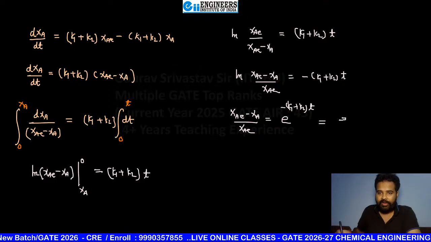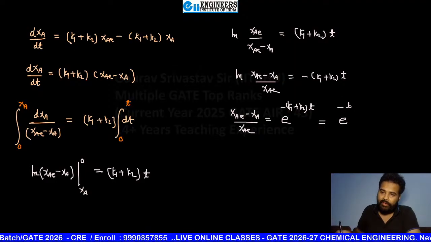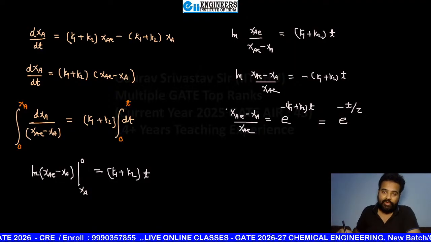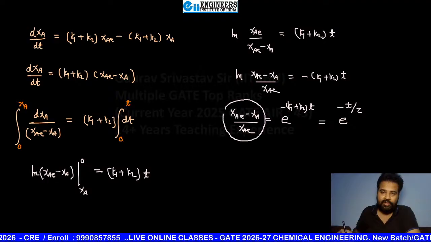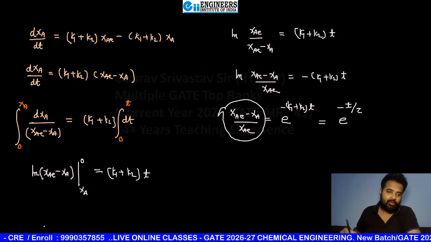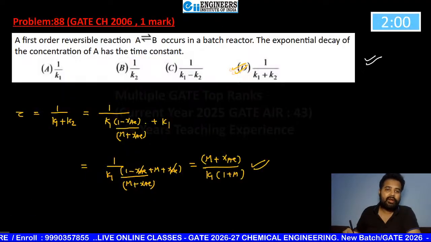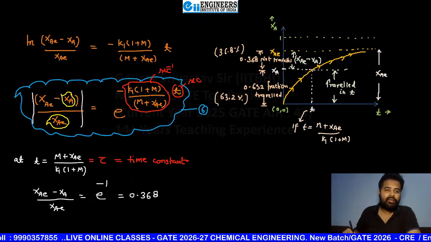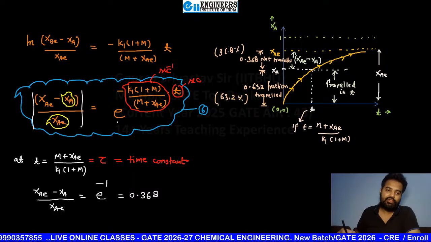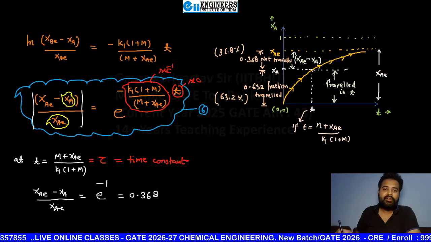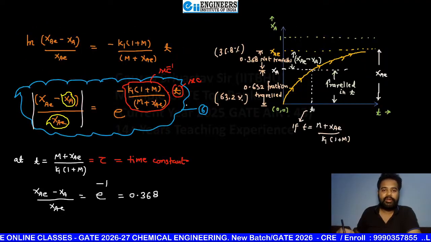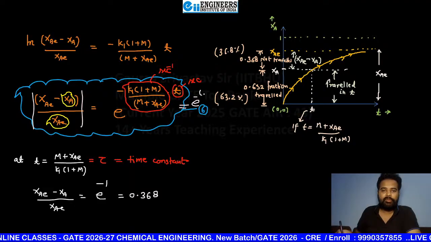Further moving, I can write e raised to power minus t by tau, the same expression that you got yesterday. Again you are getting the same expression, (XAe minus XA) upon XAe equals e raised to power minus t by tau.